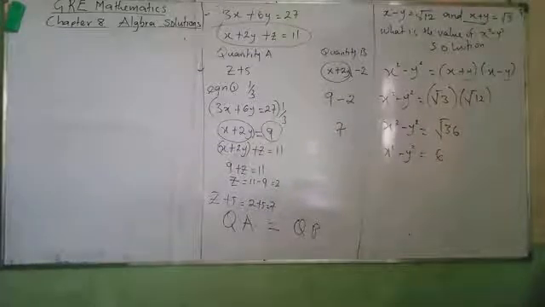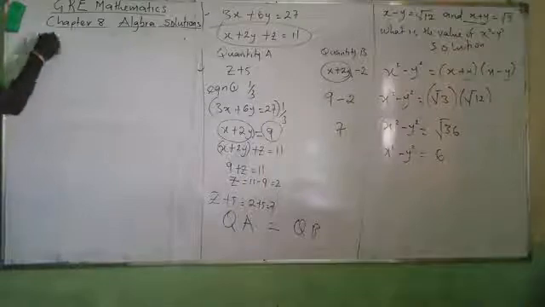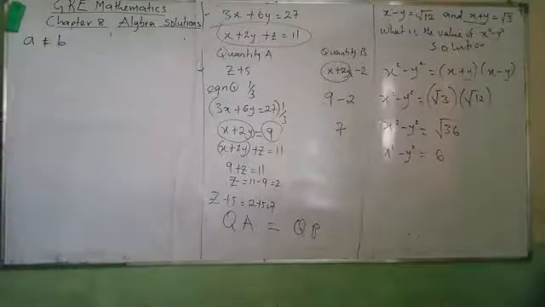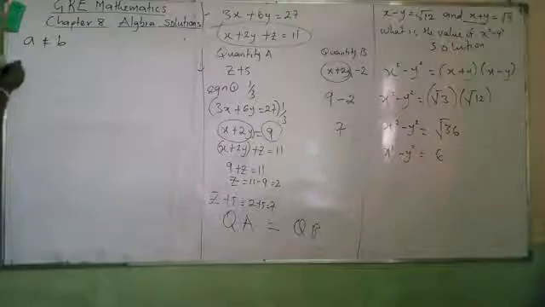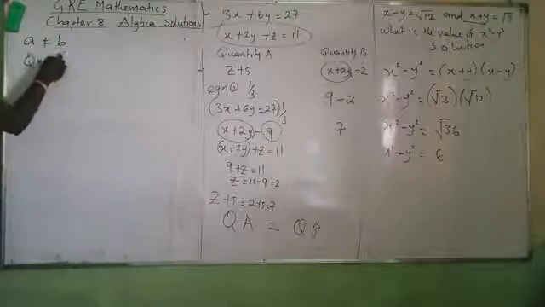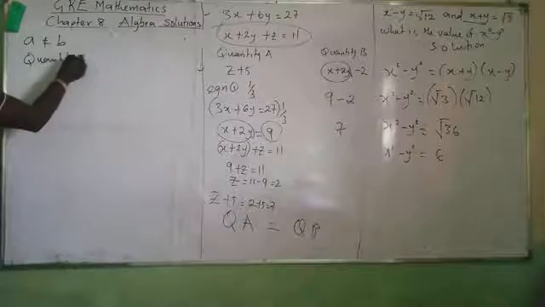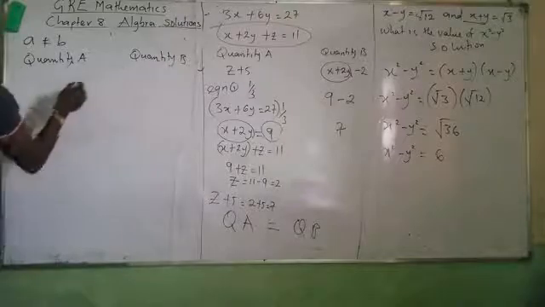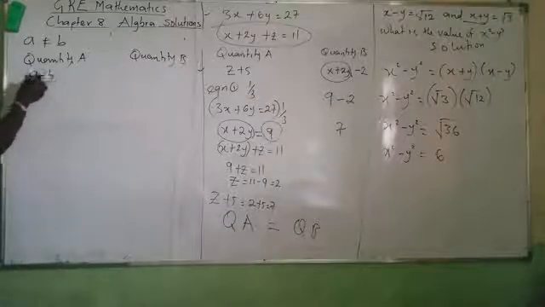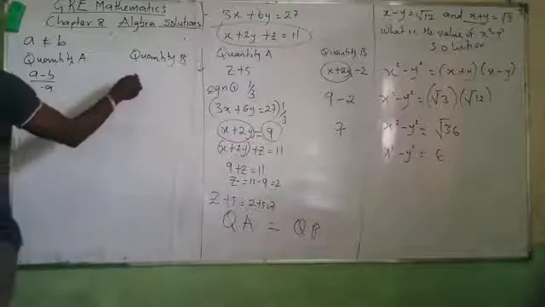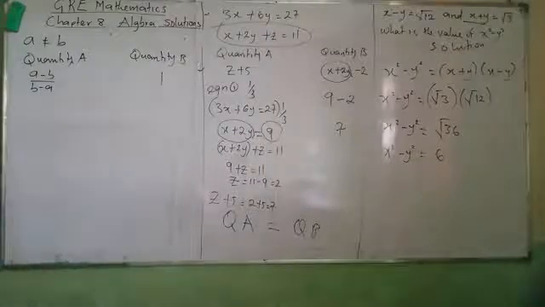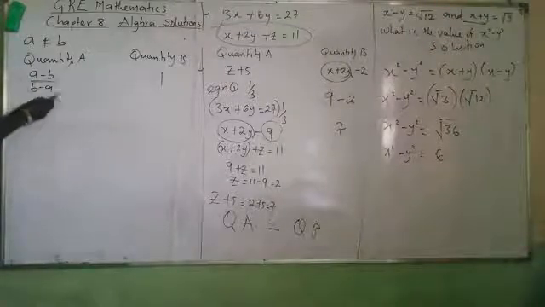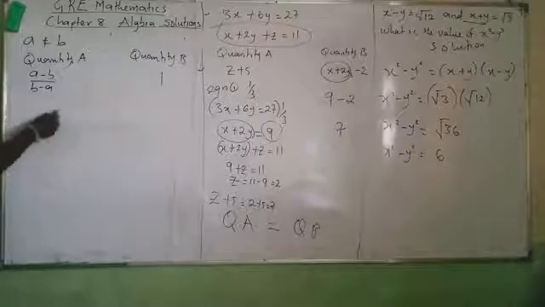The question says that A is not equal to B. Quantity A is (A minus B) over (B minus A), and quantity B is 1. Since A is not equal to B, I can now work on this particular one.